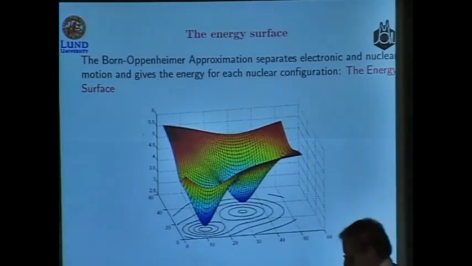So there are exceptions, but in almost all cases this is a very valid approximation. And even if it is not valid, it's the starting point. One should remember that this is always the starting point. If you want to go further, you can allow these different energy surfaces to interact, but you always start by calculating them.